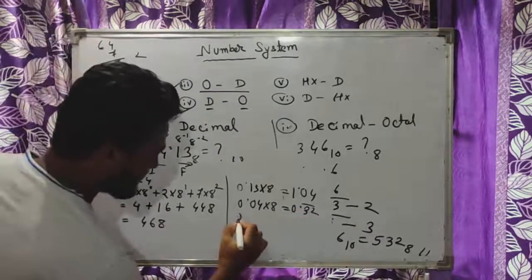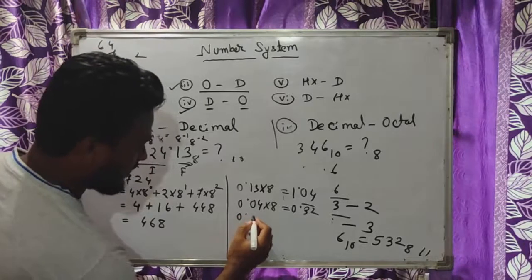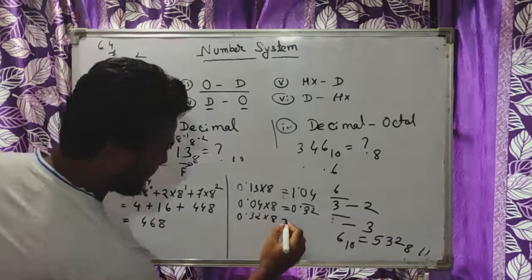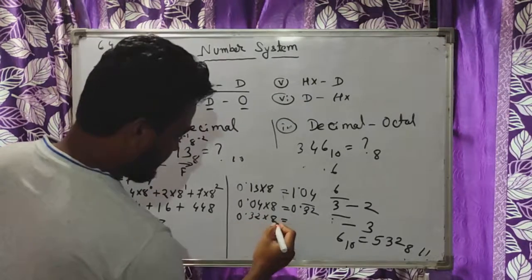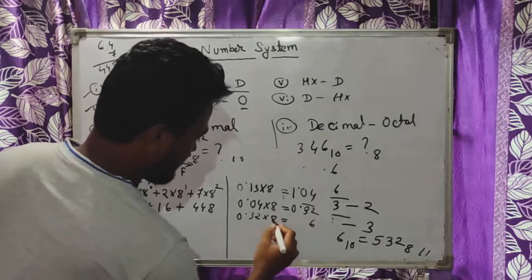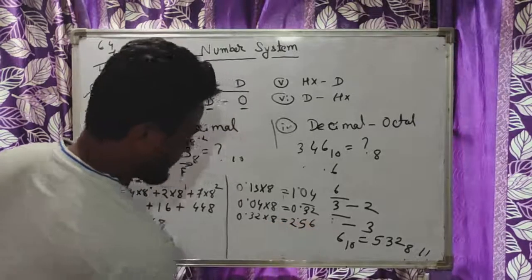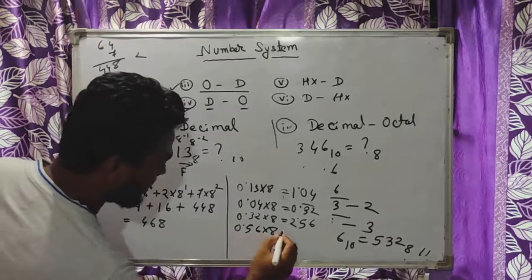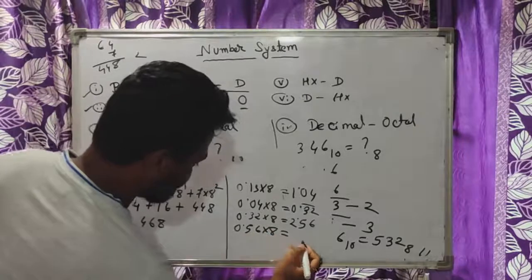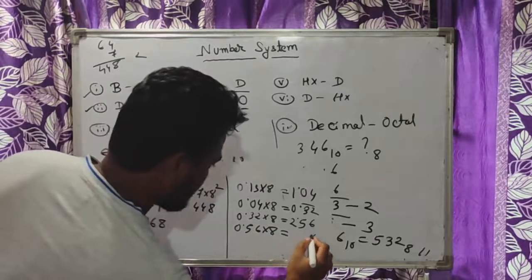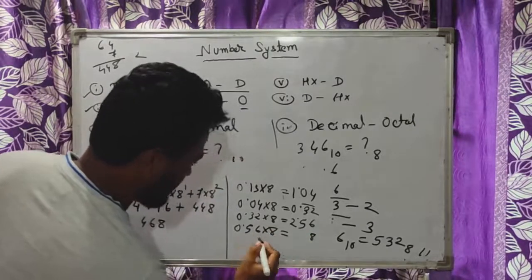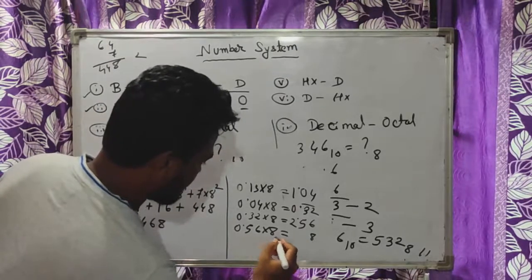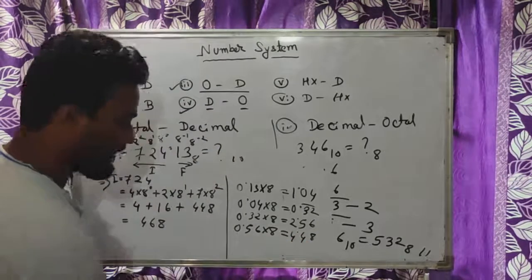Again we are getting a fraction part, 0.32 into 8, again we are getting a fraction part, 0.56 into 8. So it will go on like this.